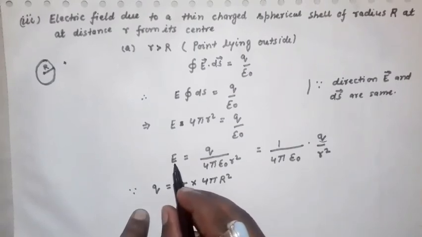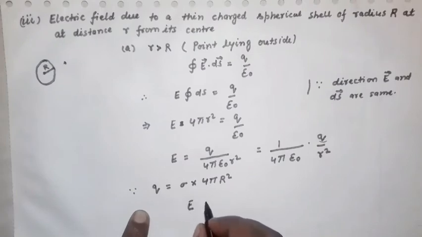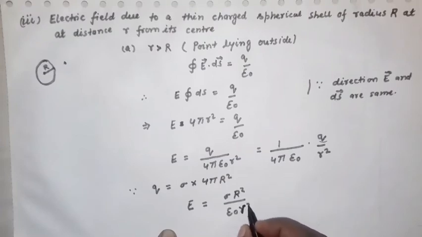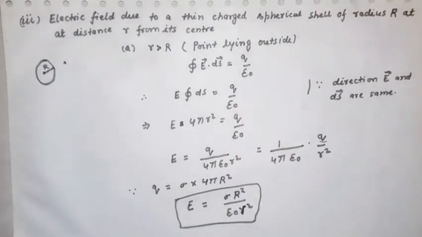So putting this value in this equation, we will get E equal to sigma R square upon epsilon naught small r square. So this is the electric field when point lying outside of the spherical shell.